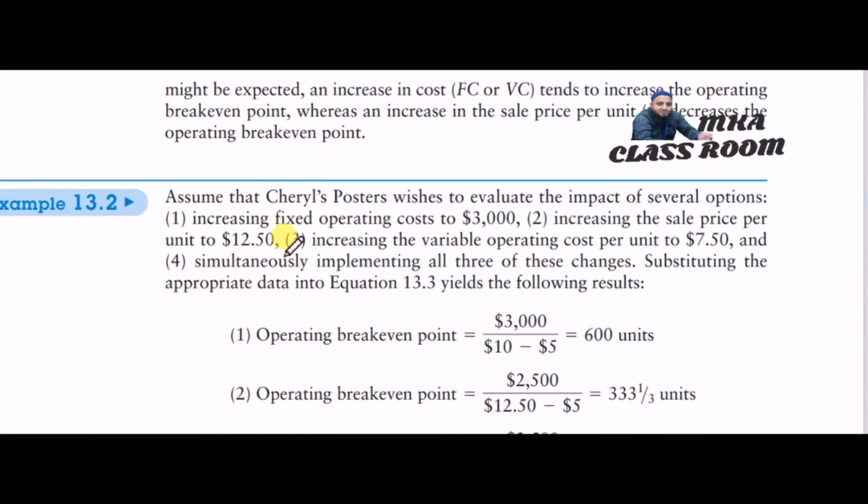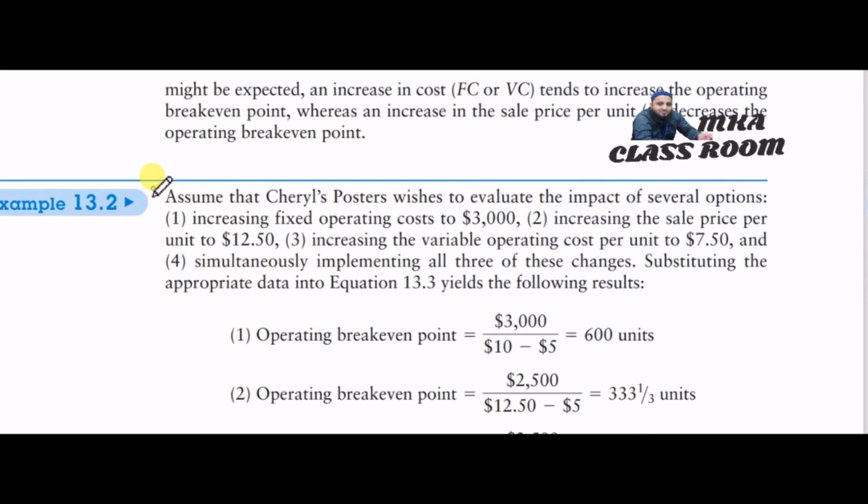As an example, assume the poster retailer wishes to evaluate several options: increasing fixed operating cost to 3000, increasing sales price per unit to 12.50, increasing variable operating cost per unit to 7.50, and implementing all three changes simultaneously.